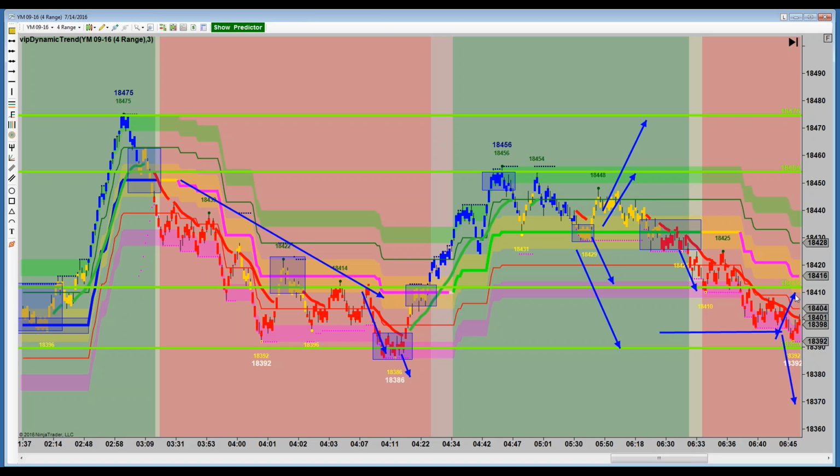Let me put it this way. There is a strong likelihood that there will be some kind of a bounce. The question is, we don't know how far it's going to go, and we don't really know if it's going to hit its head and roll over or go back up here to the mid-band and quite possibly all the way back up here. At 6:45, the market's been open about 15 minutes.